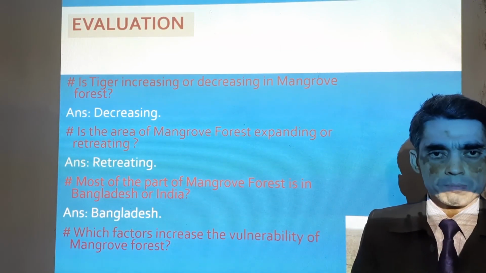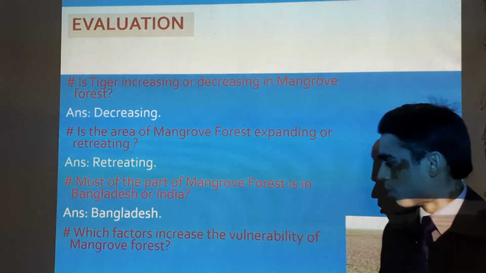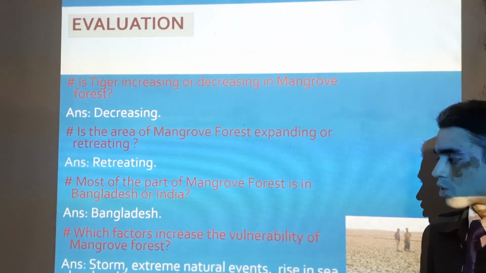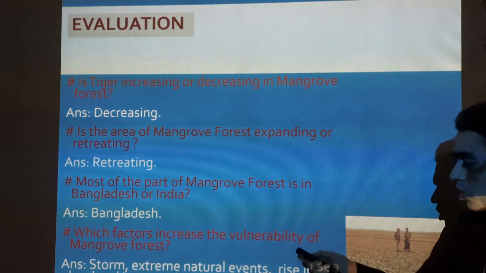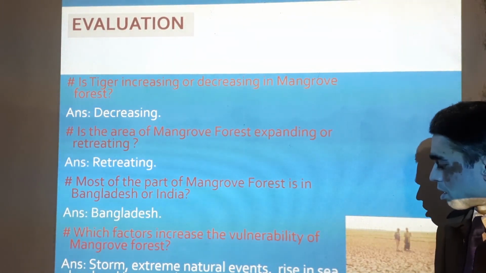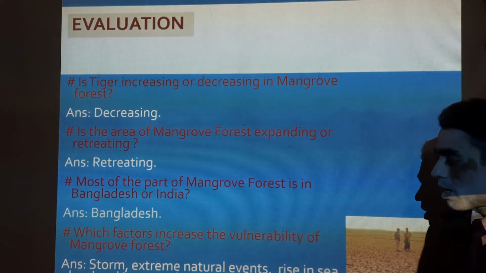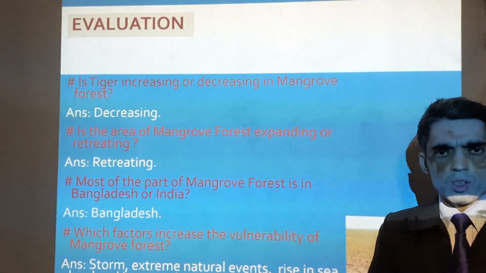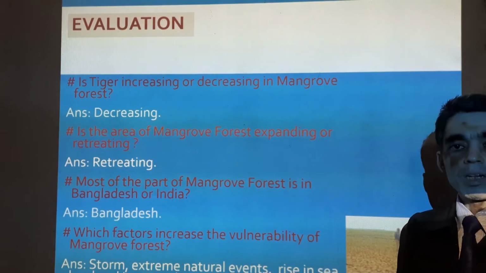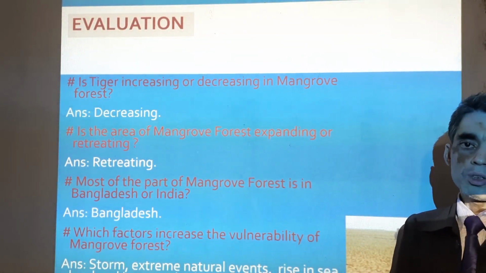So many factors are responsible for the vulnerability of mangrove forest. Yes, storm, extreme natural events, that means cyclone or a storm, then rise in the sea level and increased salinity. So all these things together are affecting the mangrove forest and the Sundarbans.